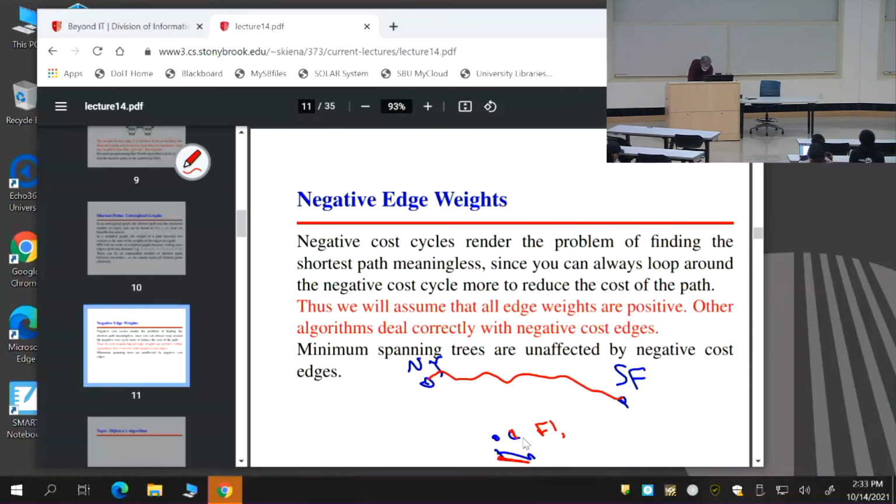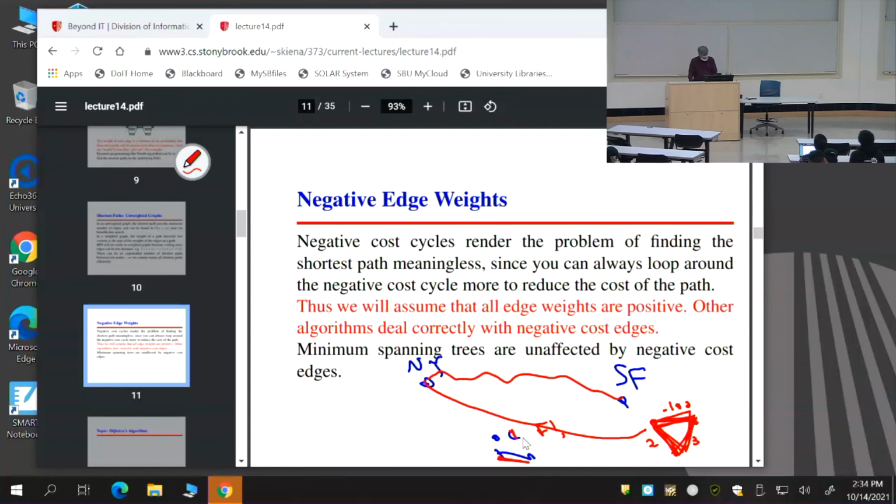But what if we had a world where in Florida there was an edge that cost minus 100, and it took 2 minutes to drive there, and the clock went back by 100 whenever you went through that edge. What would be the cheapest way to drive from New York to San Francisco? It would involve driving from New York to Florida, getting into this phantom loop, and going through it 1 billion times.